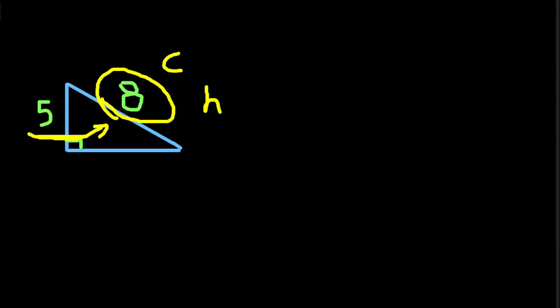I'll call it A just to keep it consistent throughout this video. So, let's do 5 squared plus B squared, since we're trying to find B this time. But the equation is this, and this time we know C.